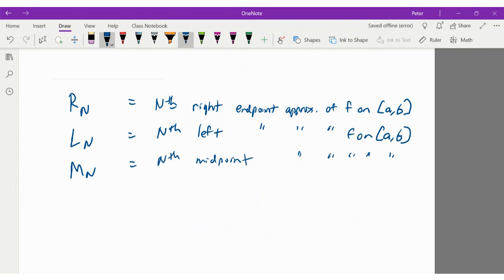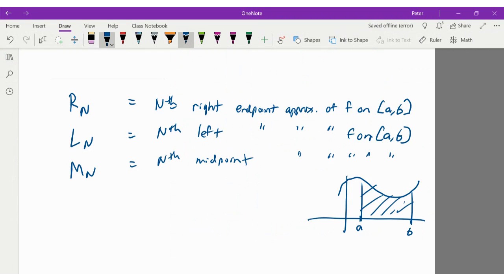The reason that I wrote the f on AB is that I just wanted to emphasize that it's not possible to say what's the nth right endpoint approximation. It's not even possible to say what's the nth right endpoint approximation of f. For any of these, I need a function and I need an interval. Without those two things, talking about the area is meaningless.